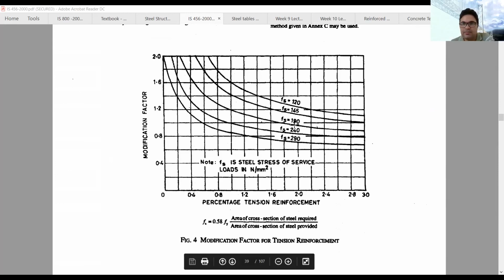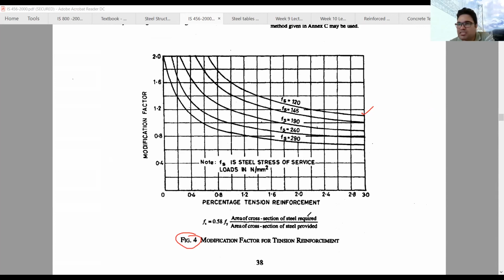There you can see some curves which are given as Fs. Fs is the stress in steel, and the formula to calculate the value of Fs is given below this, which is 0.58 times Fy multiplied by the area of cross section of steel required upon the area of cross section of steel provided.